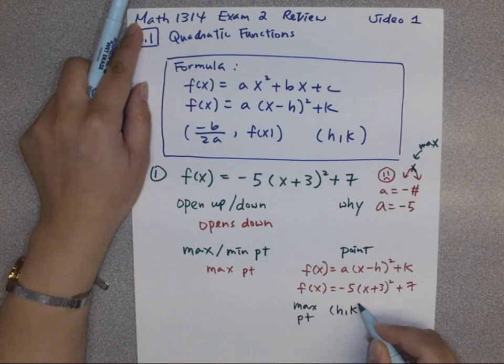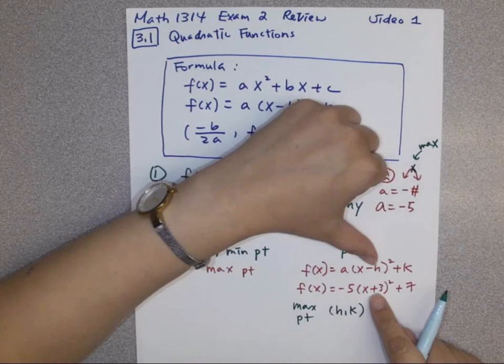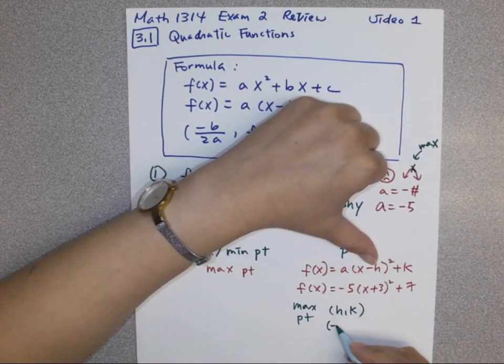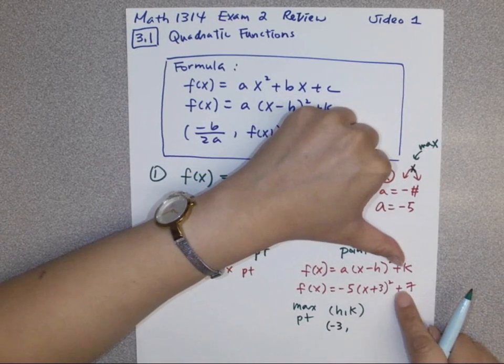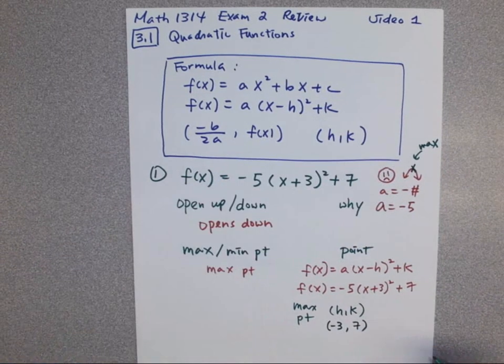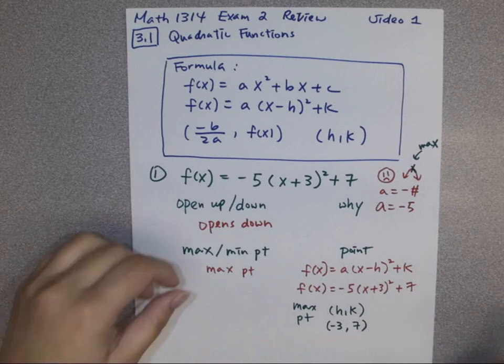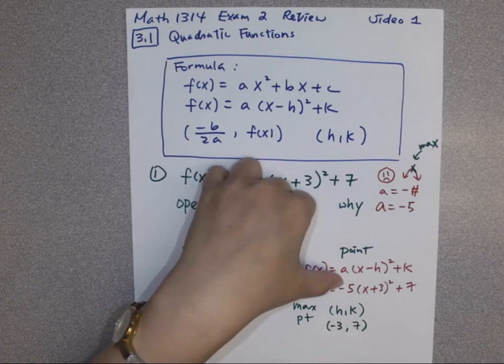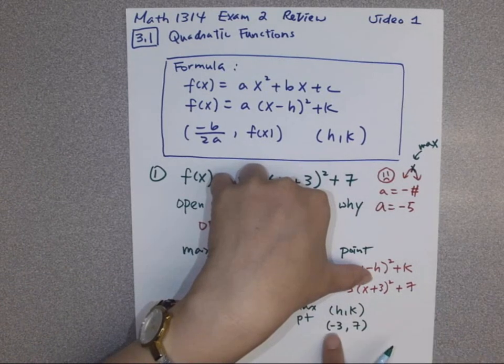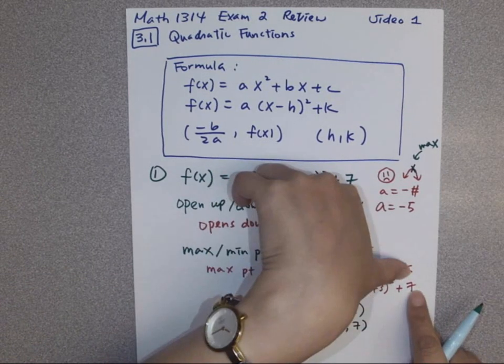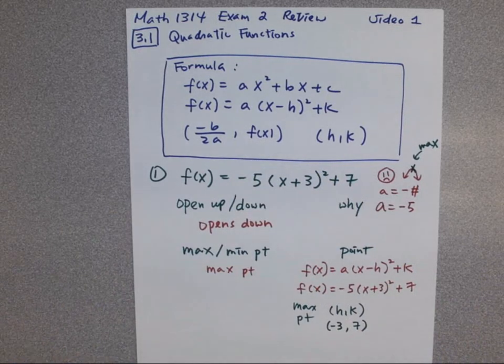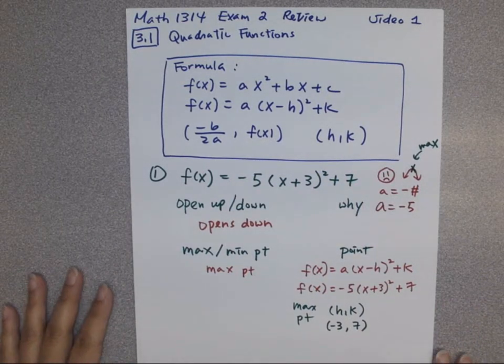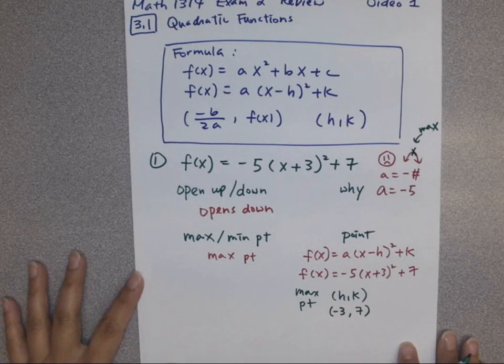We can see the sign doesn't match, so it's going to be -3, and for k, the sign matches, k is 7. So your maximum point is (h, k) = (-3, 7). Or you can view this as a transformation. Negative is like reflecting, so that's why it opens down. And then you solve for x equal to -3, and your y value is going up 7. So you can approach it a different way, but you will have to explain your steps to get full credit.